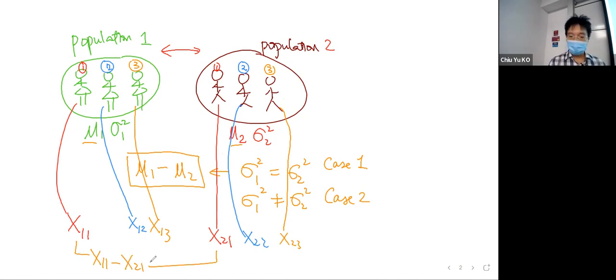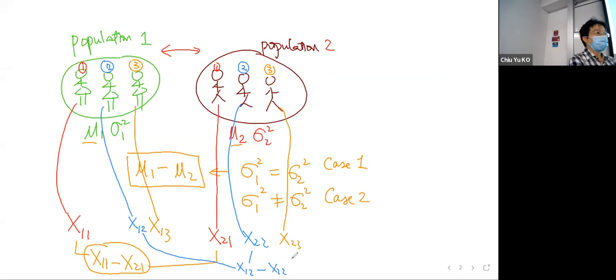And we try to see if this is 0 or not, right? Because for every pair we can construct the difference. So instead of caring about the means of 2 populations, we care about a paired population. We care about each pair, what's the difference.